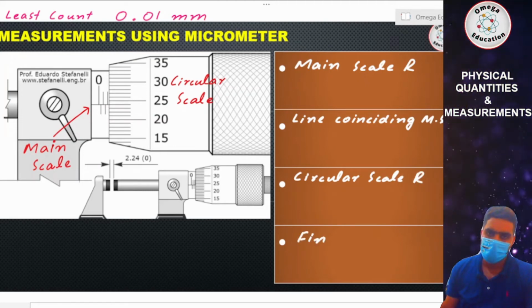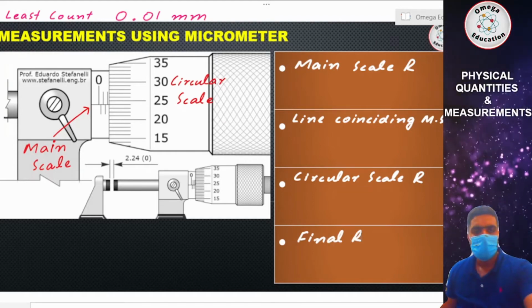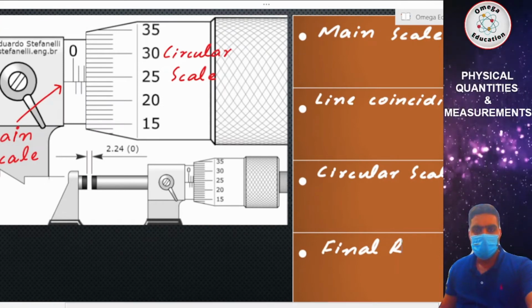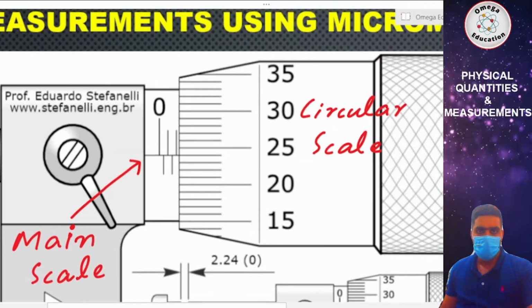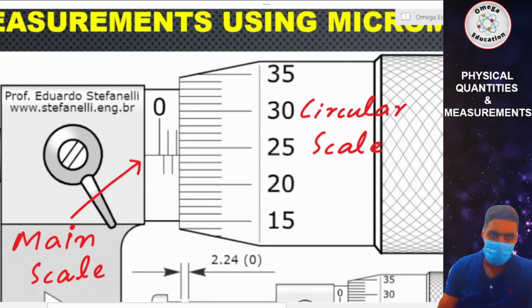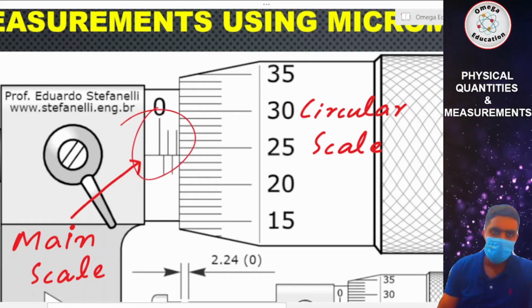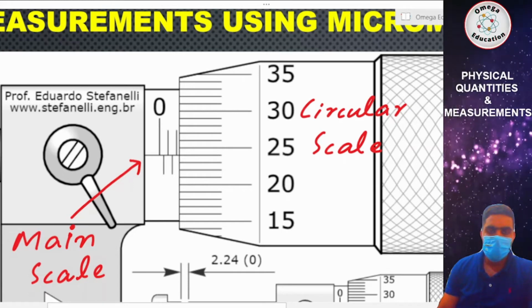First of all, let us find out the reading on the main scale. This scale that you can see over here is called the main scale. Now, how do we measure the reading on it? First, this line represents 0.